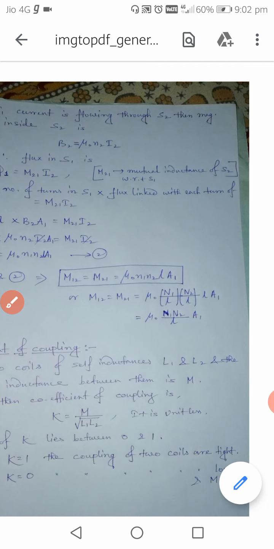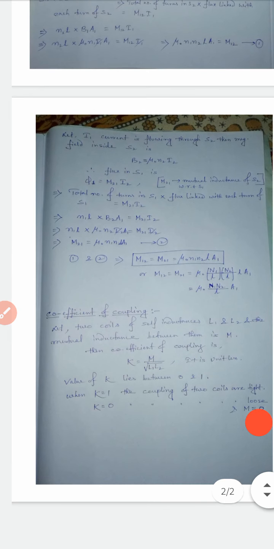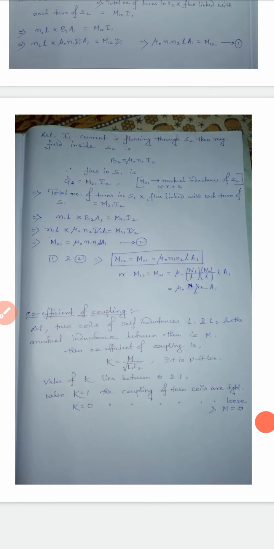Then the last topic of this chapter, that is coefficient of coupling. Coefficient of coupling is a constant obtained when two coils are placed nearby.